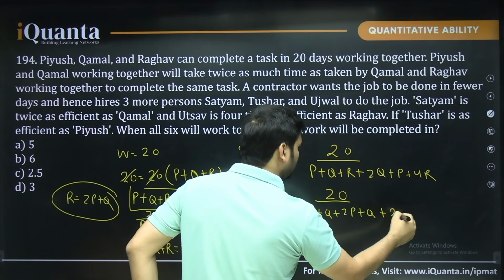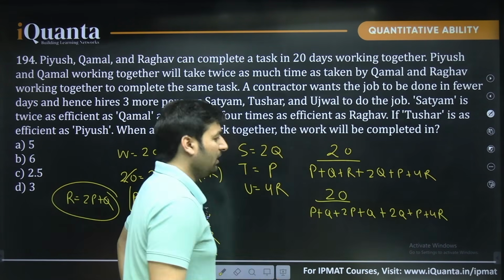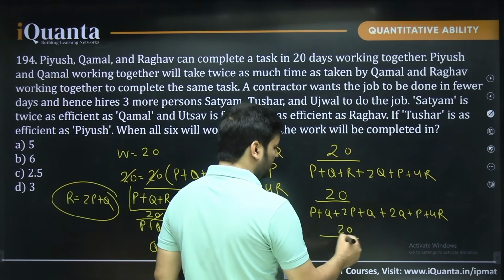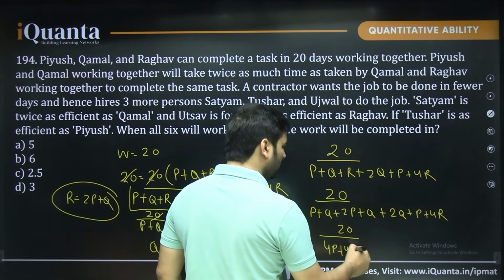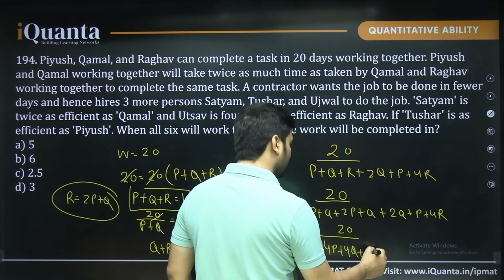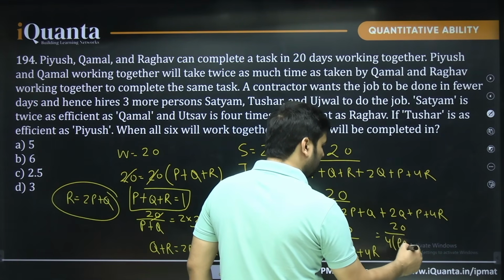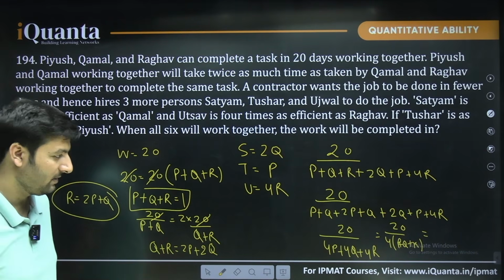Plus 2Q plus P plus 4R. If you add these, P, P and P, 4P, and Q, Q, 2Q, 4Q, plus we have 4R. So can I say that it is 20 upon 4 times P plus Q plus R? This is what I am going to get, yes or no?